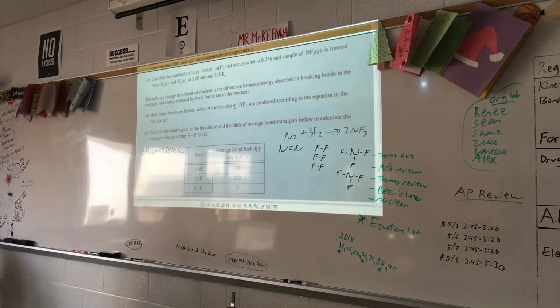Units in thermochemical calculation. I did the same exact thing. I'm just doing this. Here we go.